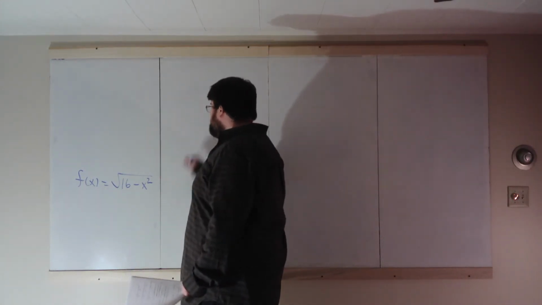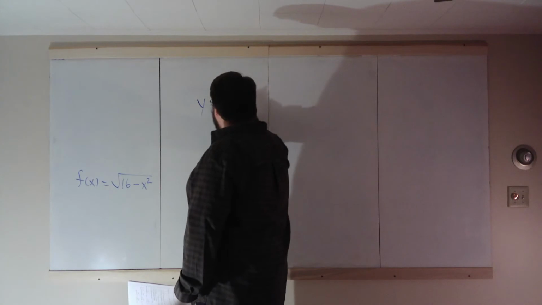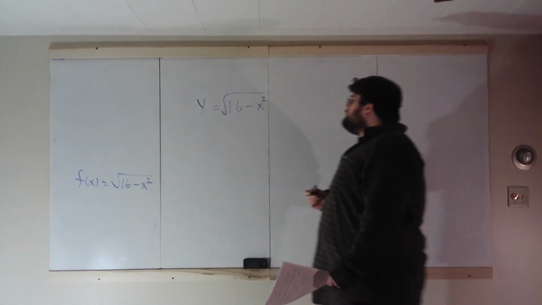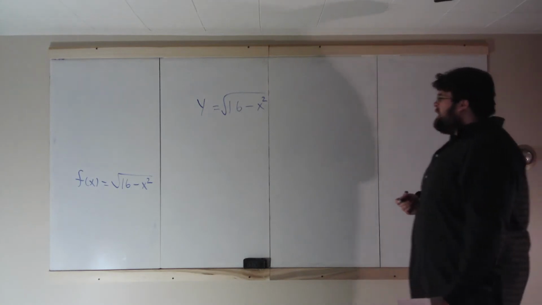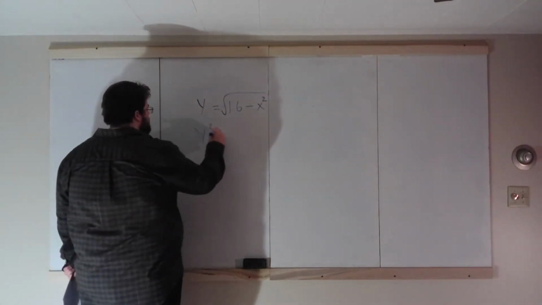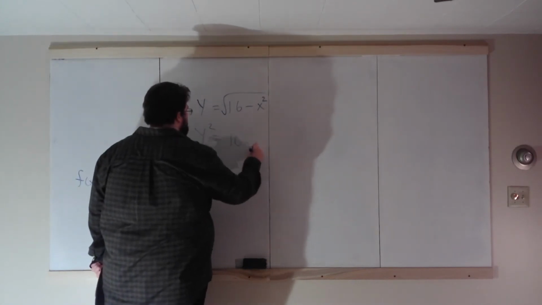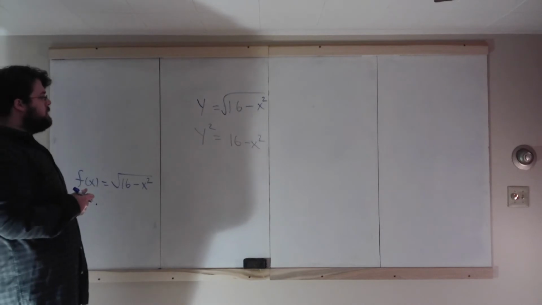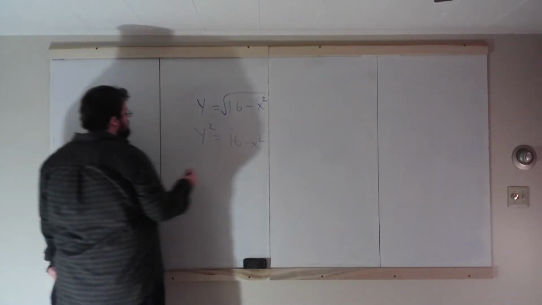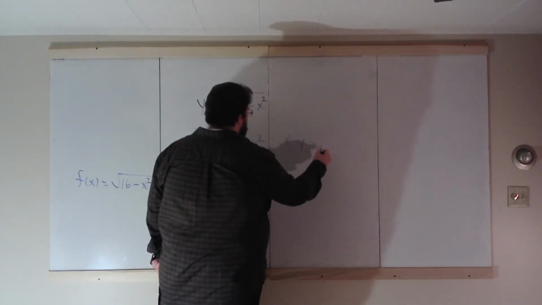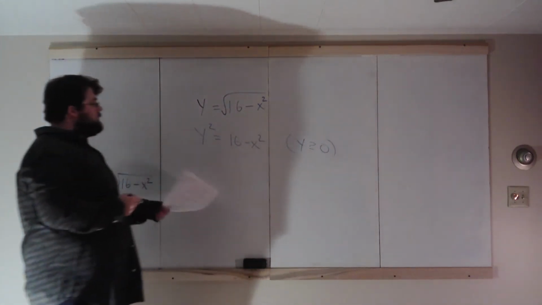What if I rewrite it? Maybe that'll help. I don't know if that helps. What if I rewrite it like this? Well, that's not identical. We took a positive square root here. So the only y's we can consider here are positive y's.